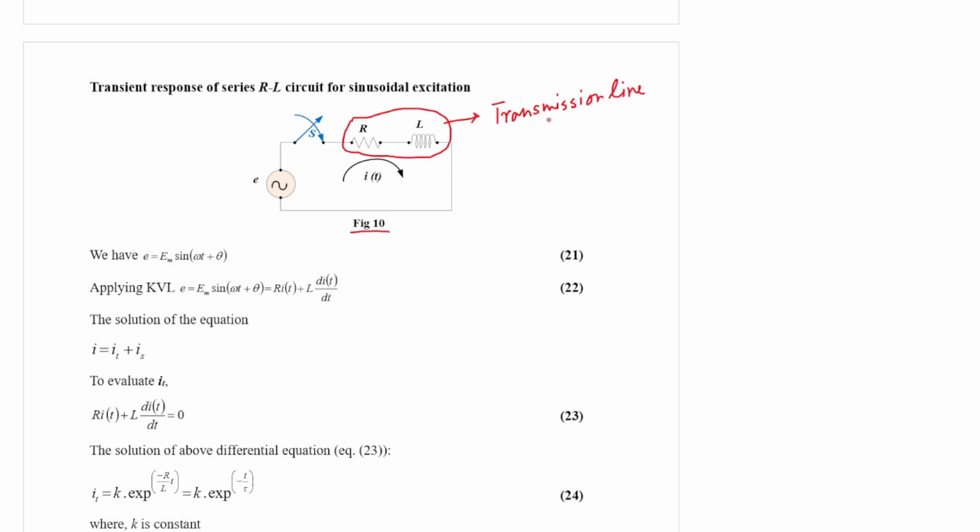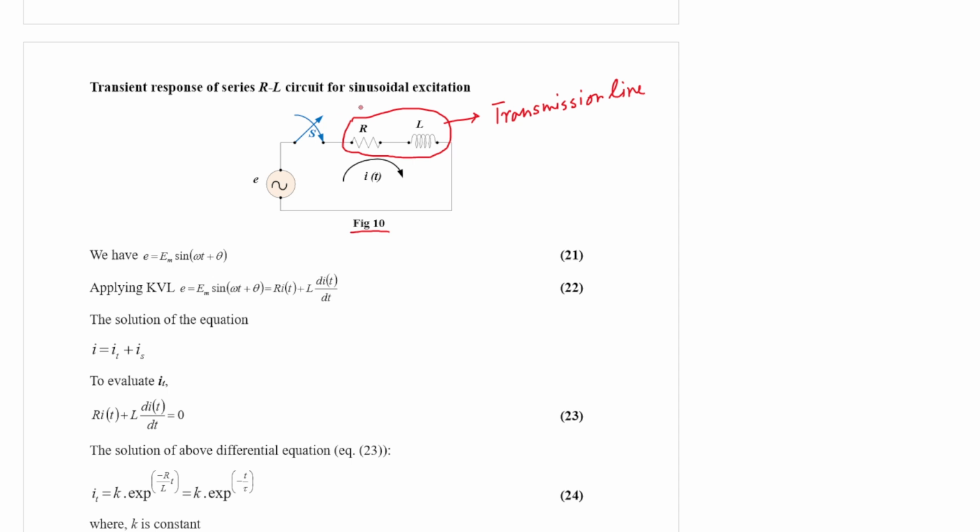What is a transmission line? A transmission line is a line through which power is transmitted from the generation side to the load side. So a series RL circuit closely resembles a transmission line, of course under some specific conditions.